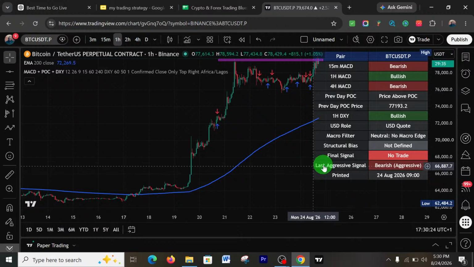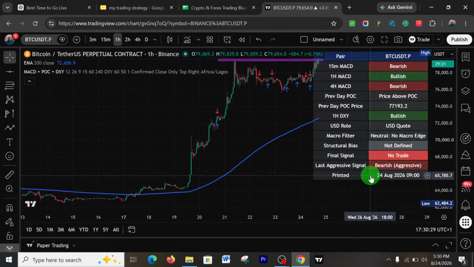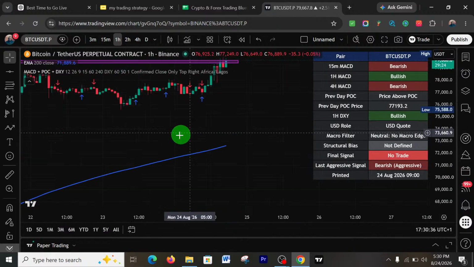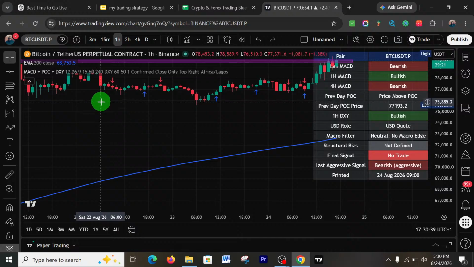So it's telling us that the last signal that was printed was bearish aggressive, and it was printed 24th August 2026 at 9 a.m. I told you guys that if it's an uptrend and it prints a bearish aggressive signal, it means that it's a corrective wave in an uptrend, a correction, because in an uptrend you have a move up, then a correction, then a move up, then a correction.